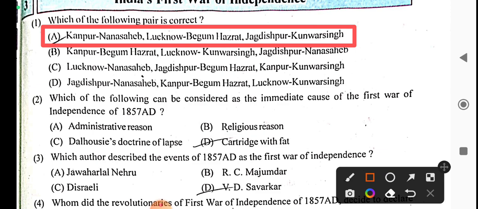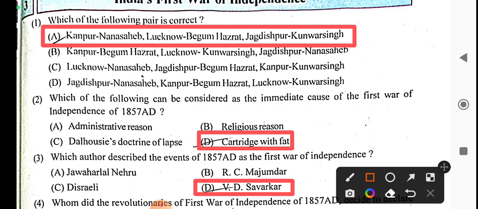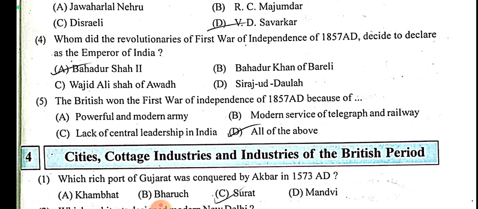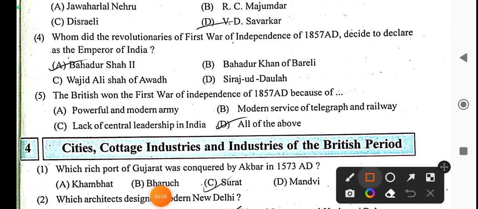Which of the following can be considered as the immediate causes of the First War of Independence? Cartridge with fat. Which author described the event of 1857 AD as the First War of Independence? V.D. Savarkar. Whom did the revolutionaries of the First War of Independence of 1857 decide to declare the Emperor of India?